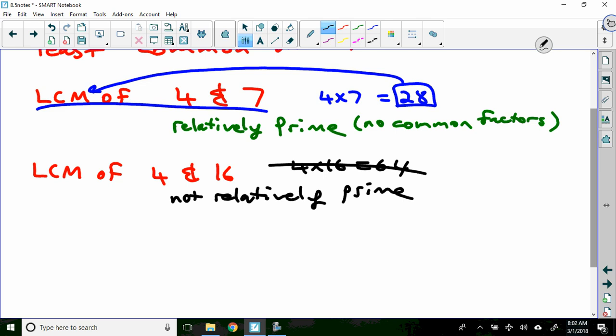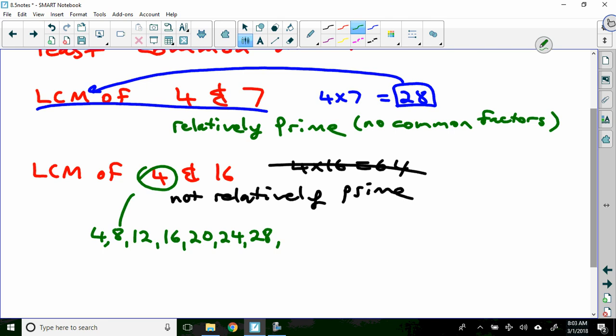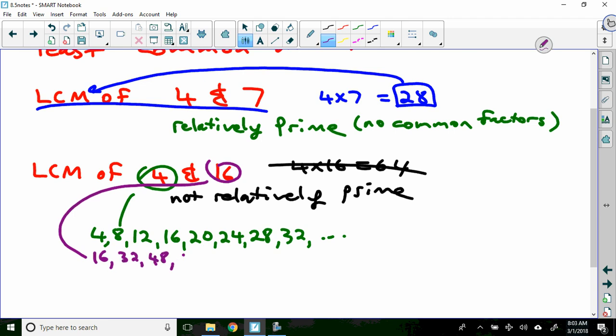In the case of this one, we've got to look at each number's multiples. We said 4's multiples are 4, 8, 12, 16, 20, 24, 28, and I probably should have stopped a while ago, but I'll go one more time, 32, etc. And when we look at 16, 16's multiples are 16, 32, 48, 64, but we're looking for the least common multiple.